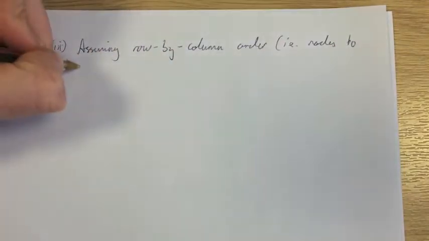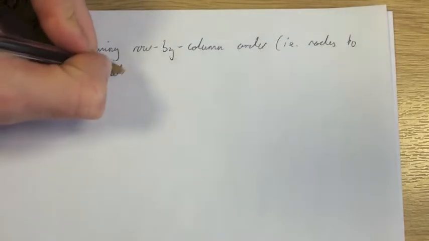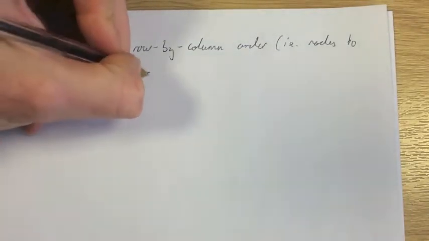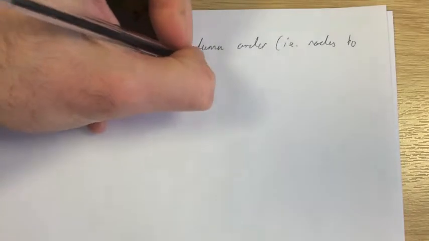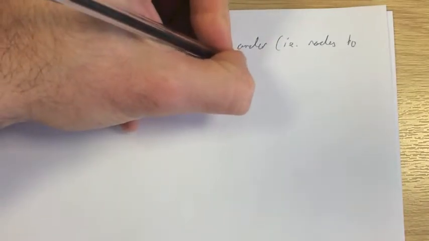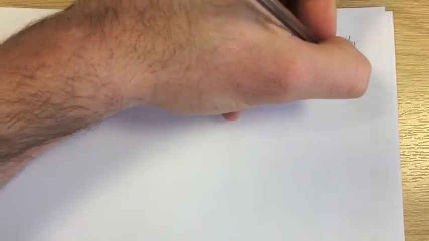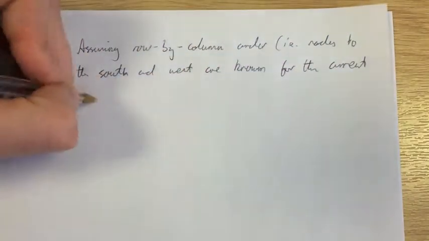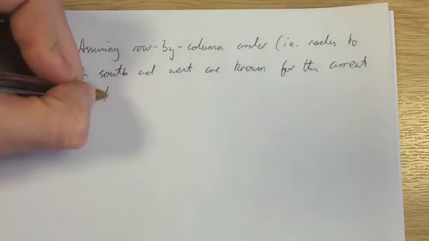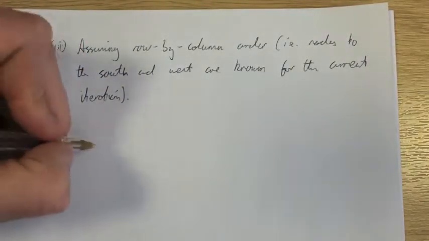What that means is the nodes to the bottom and the left have already been calculated for the current iteration, i.e., nodes to the south and west are known for the current iteration. That's what I'm assuming. I'm also assuming the same 0 starting values.